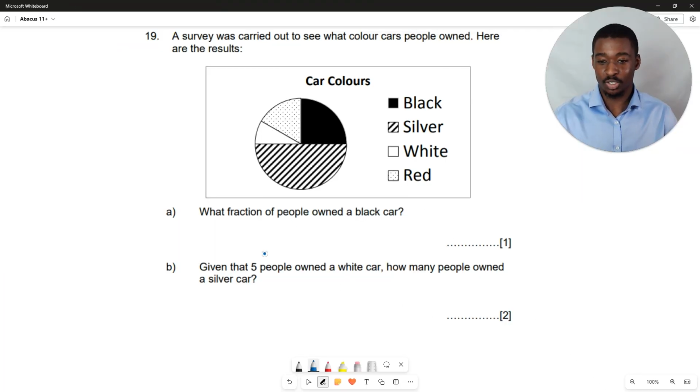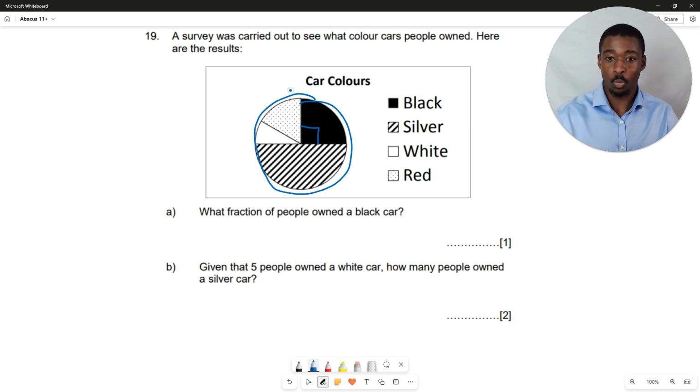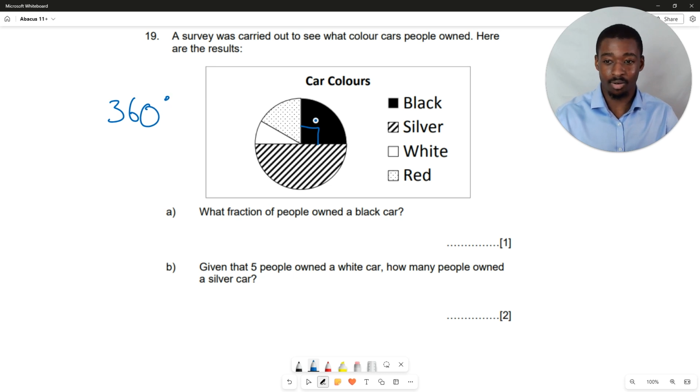So here we have a pie charts question, and part A says what fraction of people owned a black car. So here we can see very clearly that on the pie charts, the black section makes a right angle, right? So if we have a right angle, that means out of the whole pie chart, the whole circle, which represents 360 degrees, our right angle represents 90 degrees, and therefore the fraction is going to be our 90 degrees over the entire 360 degrees.